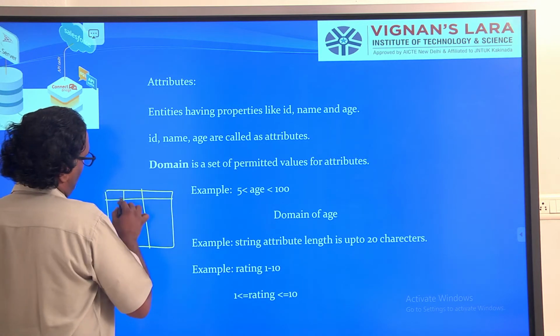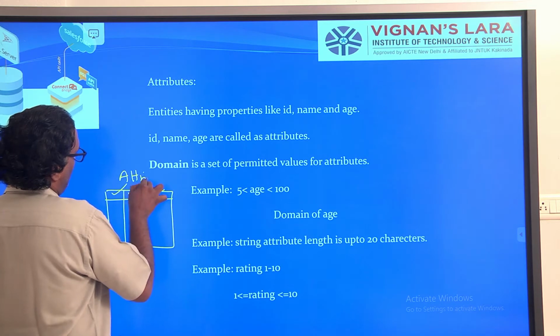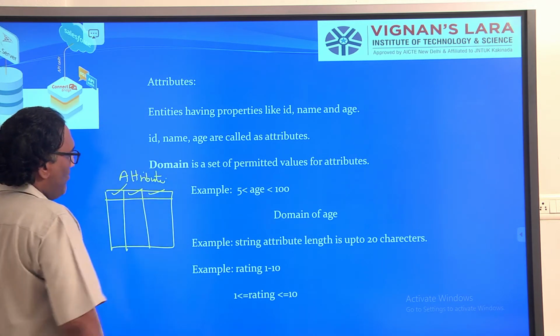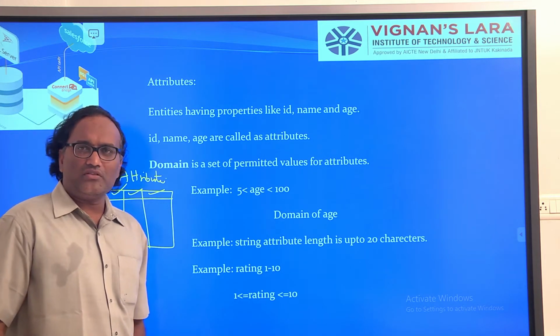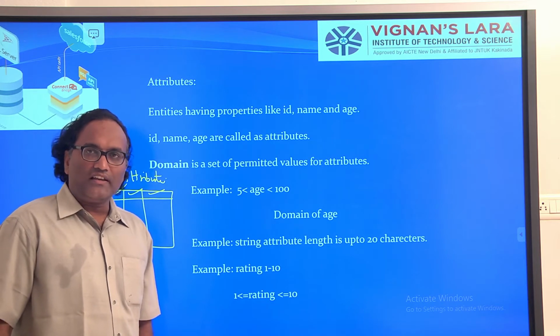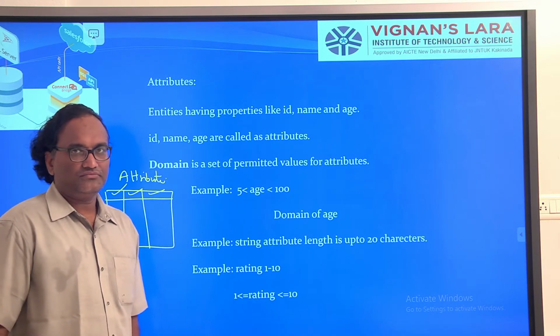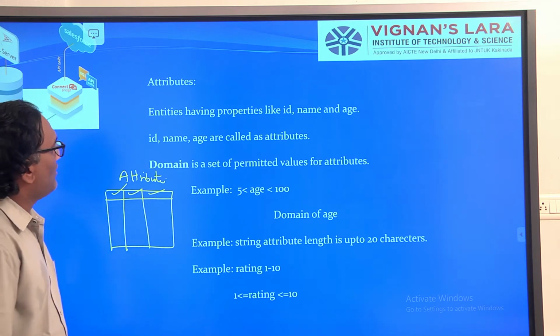Table is divided into fields. This is a field, this is a field, this is also called an attribute. What are the properties of an attribute? An attribute has a domain. Attributes are also called properties.